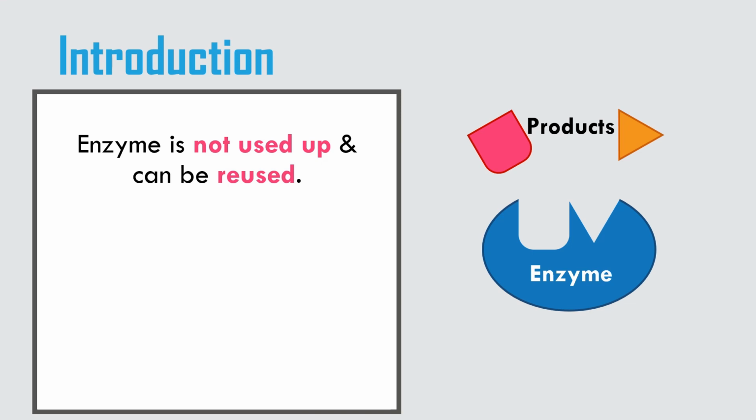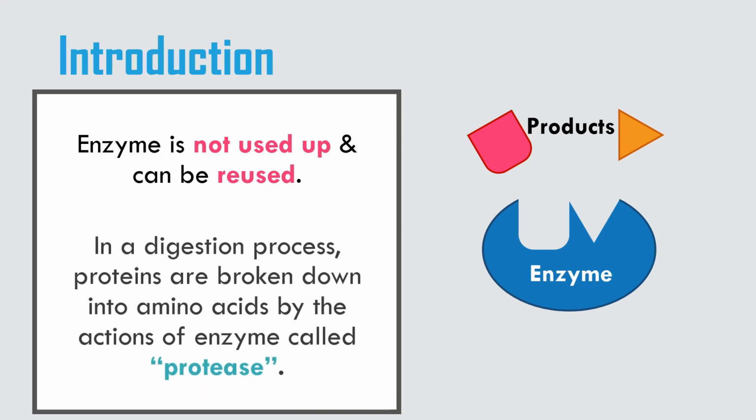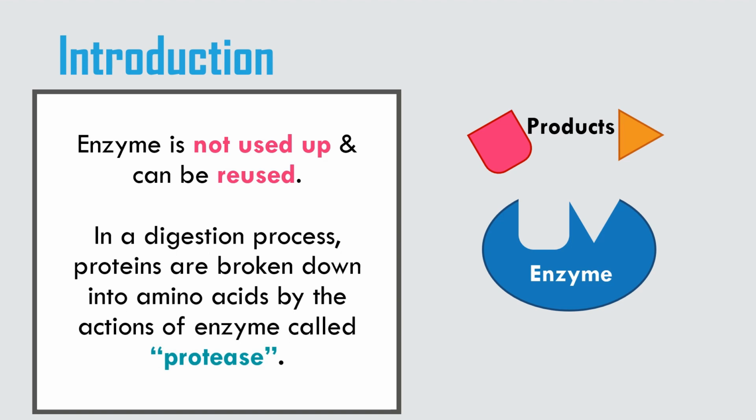And we can see that enzymes are not used up and can be reused. And in a digestion process, proteins are broken down into amino acids by the action of an enzyme called protease.